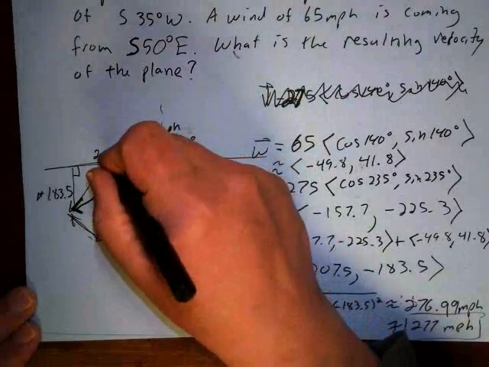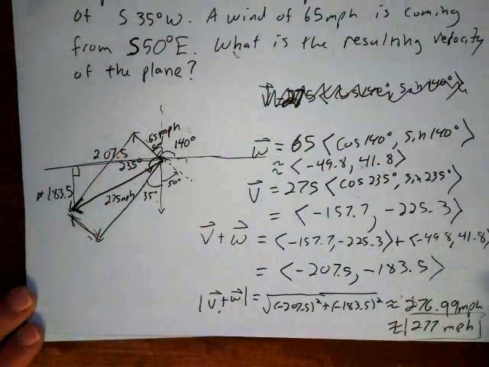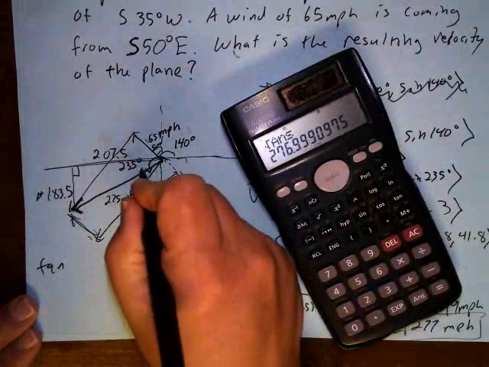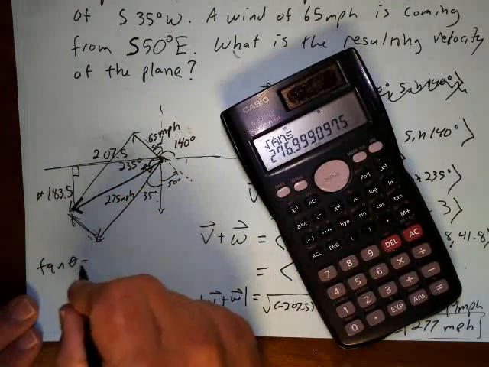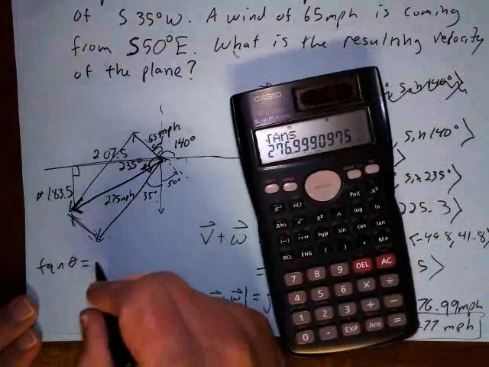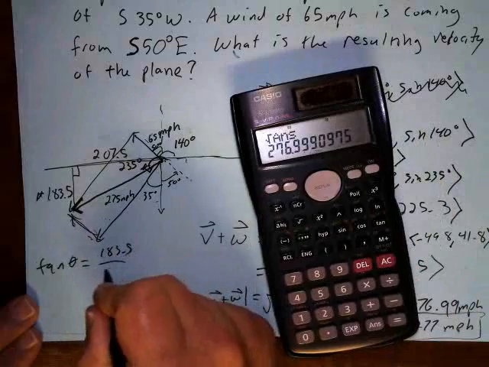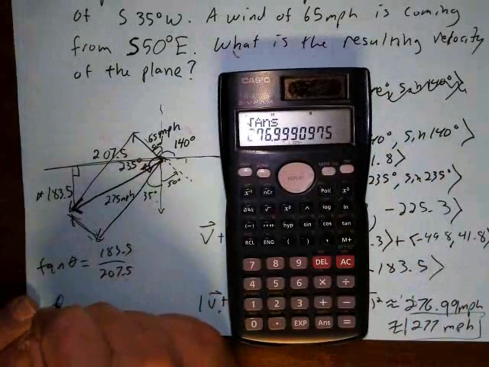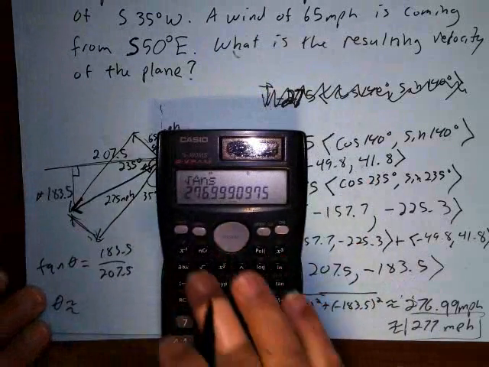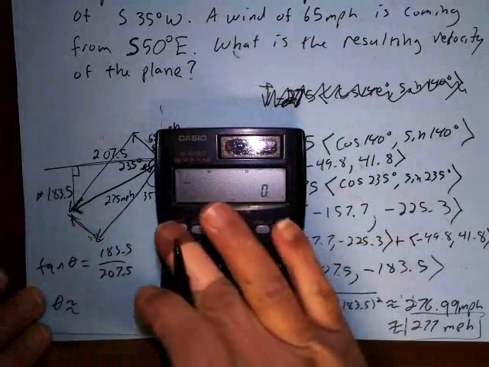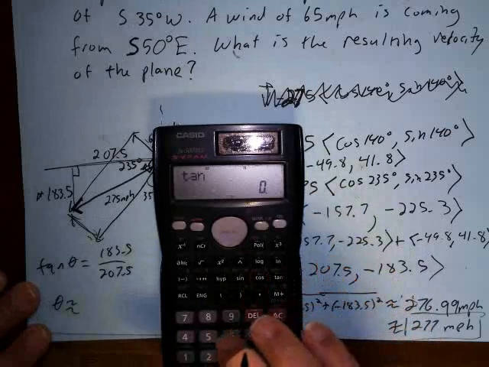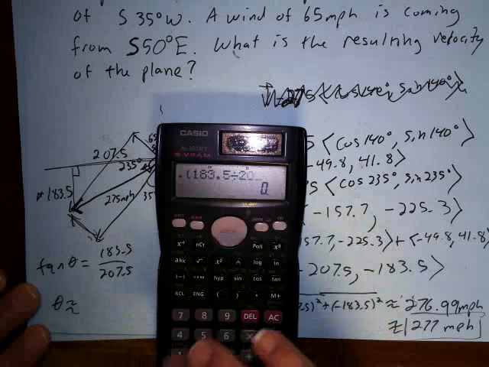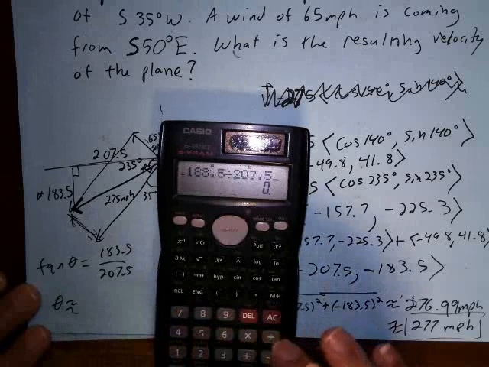So 207.5. Okay. And so what I'm going to say is that the tangent, and this is my theta, the tangent of theta is equal to the opposite, 183.5 over the adjacent, 207.5. And so I can get that this theta is inverse tangent of 183.5 divided by 207.5.